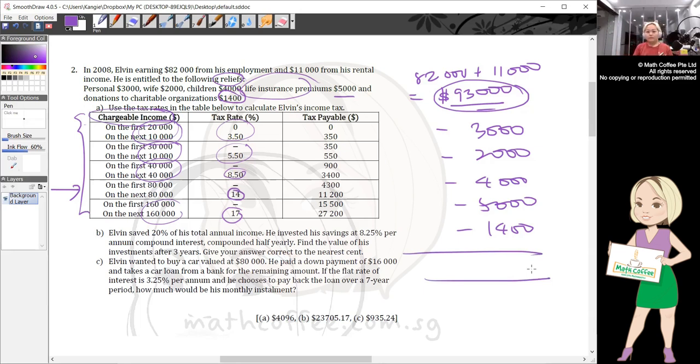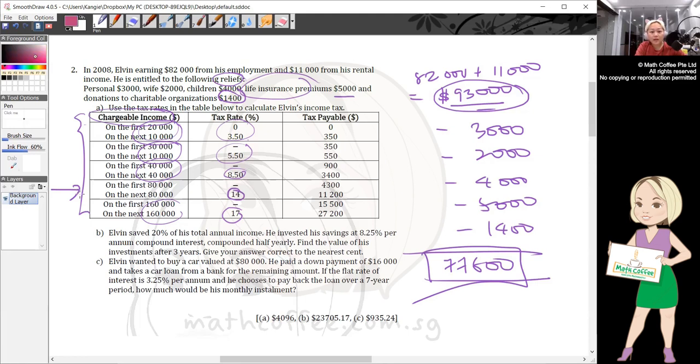Okay. So after all this, I'm going to find out what is my chargeable income. So I will take 3,000, 2,000, 4,000, and 5,000 plus 1,400. $7,760. So now this is my chargeable income. So you see, my chargeable income goes lower, right?